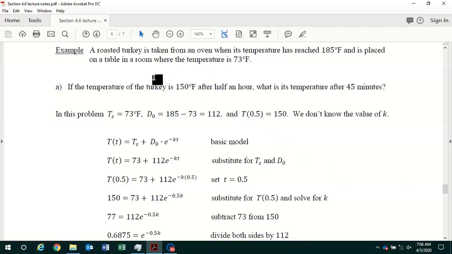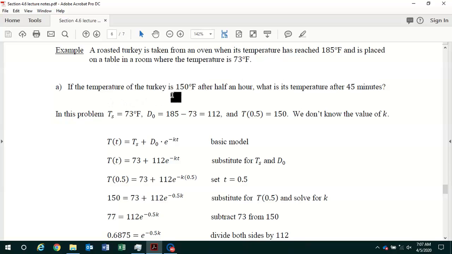In this example, a roasted turkey is taken from an oven when its temperature has reached 185 degrees Fahrenheit and is placed on a table in a room where the temperature is 73 degrees Fahrenheit. So the initial temperature of the turkey is 185, and the temperature of the air in the kitchen is 73 degrees Fahrenheit.